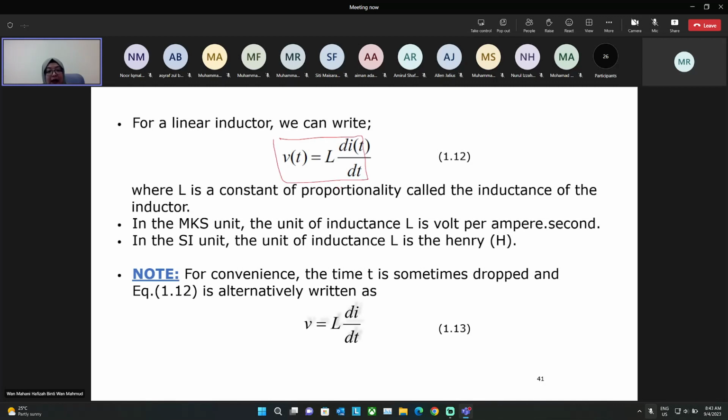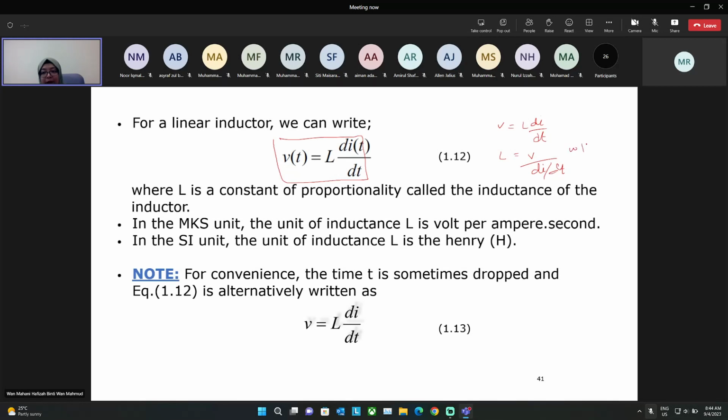V equals L dI/dt, where L is the constant of proportionality called the inductance, and L in MKS units is volt per ampere-second. This comes from the equation V equals L dI/dt. Rearranging, L equals V divided by dI/dt.